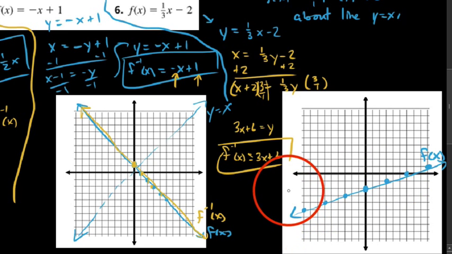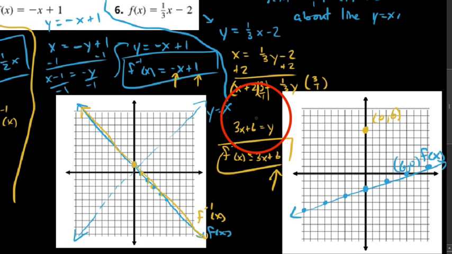If we were to graph its inverse function now, which has a y-intercept of 6, we're going to go up 1, 2, 3, 4, 5, 6. You see this point (0, 6) on its graph, and (6, 0) also on this graph over here. Just want to point that out. Basically, the slope here is 3.